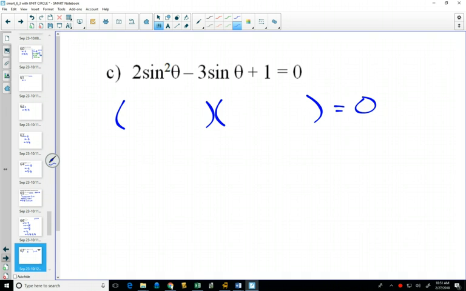Grade 10 and grade 11, you might have learned multiple techniques for figuring this out. For the most part in grade 12, I'd like you to be able to do it directly.